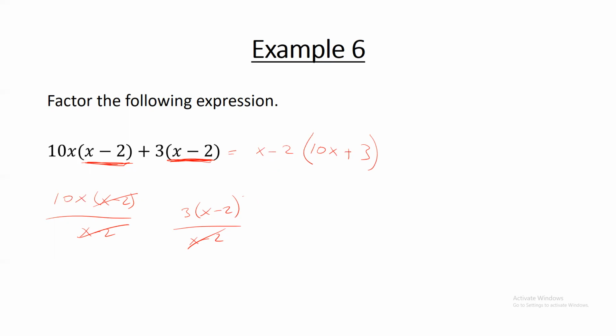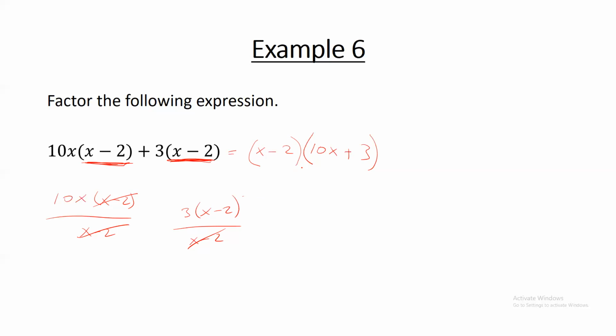Now, the way I have it written here is actually not quite correct, because even though I mean to multiply x minus 2 by 10x plus 3, if I don't put parentheses around x minus 2, when you look at this, only the 2 is multiplying the 10x plus 3. So I really should put x minus 2 in parentheses. That way I have the proper answer.